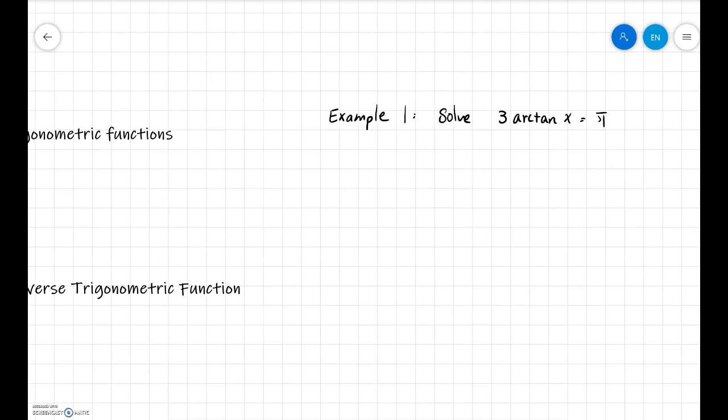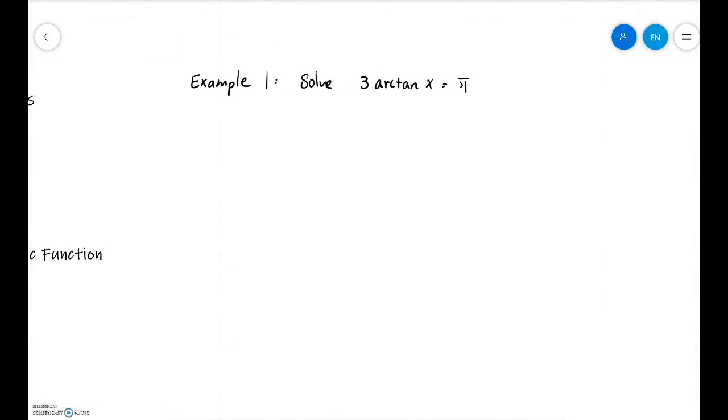The first example: I want to solve the equation 3 times arctangent of x equals pi. Remember, arctangent of x is the inverse function of tangent. So from 3 times arctangent of x equals pi, I can solve arctangent of x equals pi over 3.